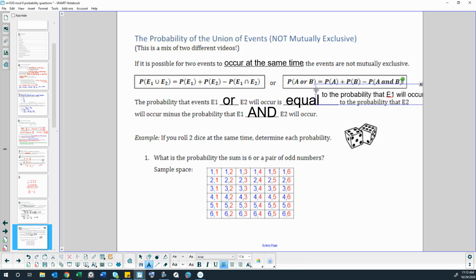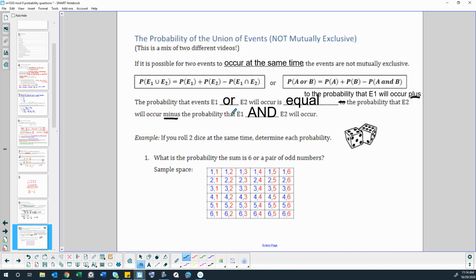Okay, move that here. So the probability that events E1 or E2 will occur is equal to the probability that E1 will occur plus the probability that E2 will occur minus the probability that E1 and E2 will occur.